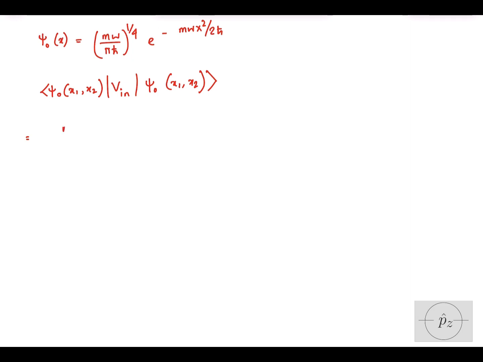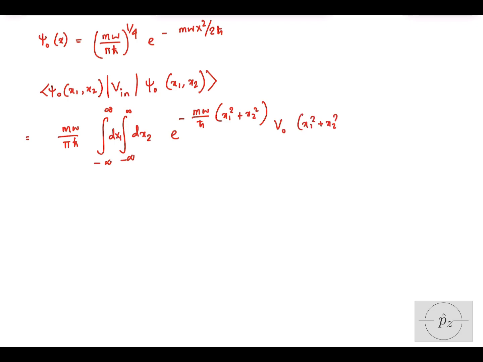This is equal to m omega by pi h bar, and we have an integral of dx1 and another integral of dx2, and e to the power minus m omega by h bar times x1 squared plus x2 squared, times this potential V naught, times the delta function. Now we do the x2 integral, which makes x1 equal to x2. So the x1 integral remains, and we have minus 2 m omega x squared divided by h bar.